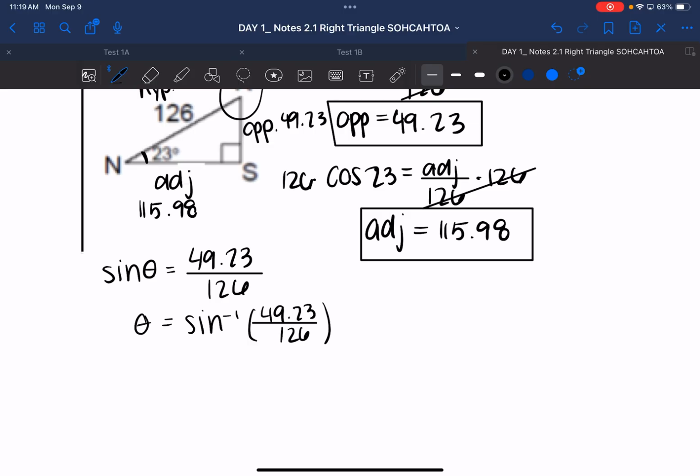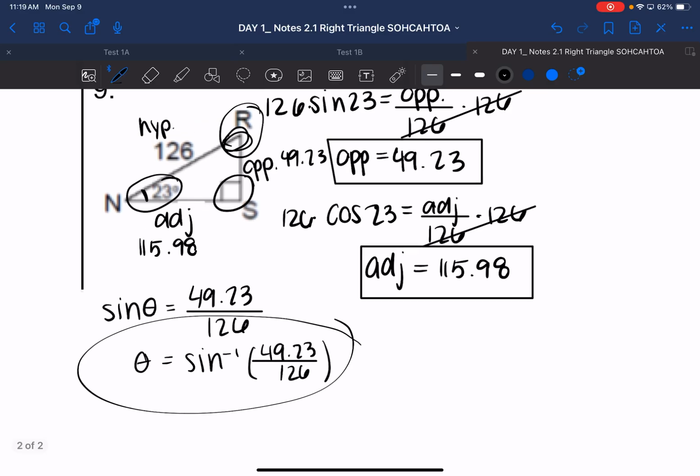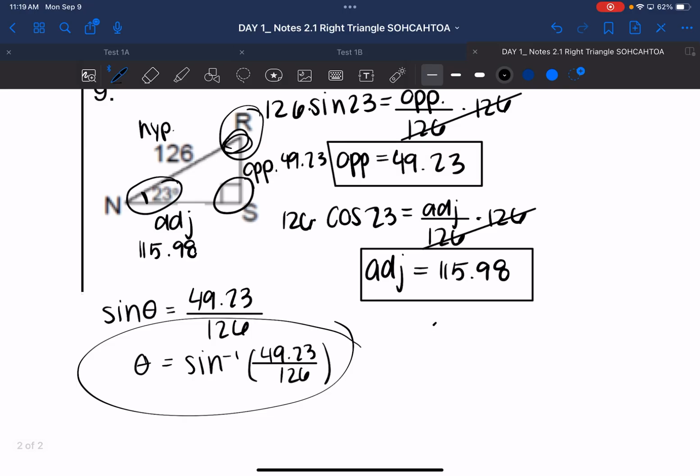Right, so a triangle has to add up to 180. A right triangle specifically, we know that it already has 90 taken up. So that means that this missing angle and the one that we know is 23 have to add up to what? Just those two. 90, right. Those two angles are what we call complementary angles. So in addition to solving it this way, you also could have said the measure of angle R is 90 minus 23, because those two have to add up to 90.